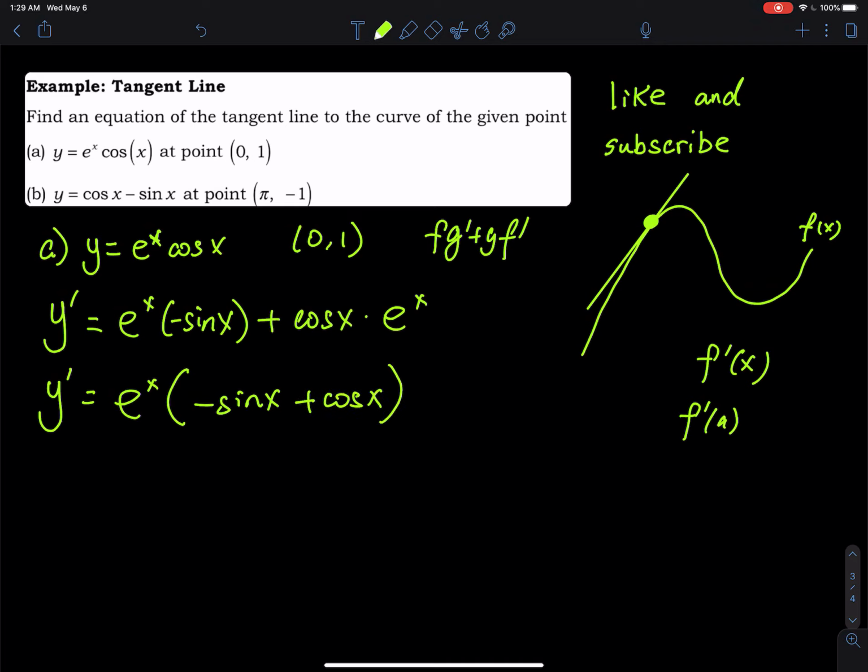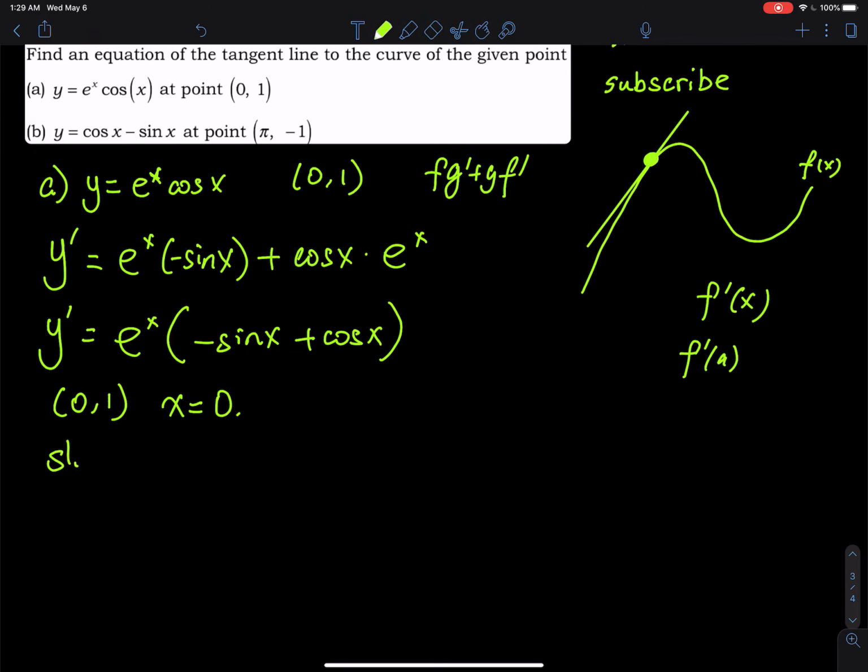At point 0, 1, x equals 0. So the slope is e to the 0 times negative sine 0 plus cosine 0. e to the 0 power is 1, sine at 0 is 0, cosine at 0 is 1. So the slope is equal to 1.